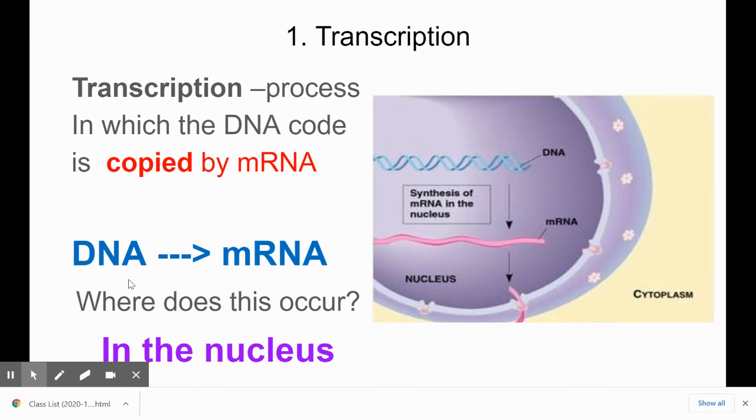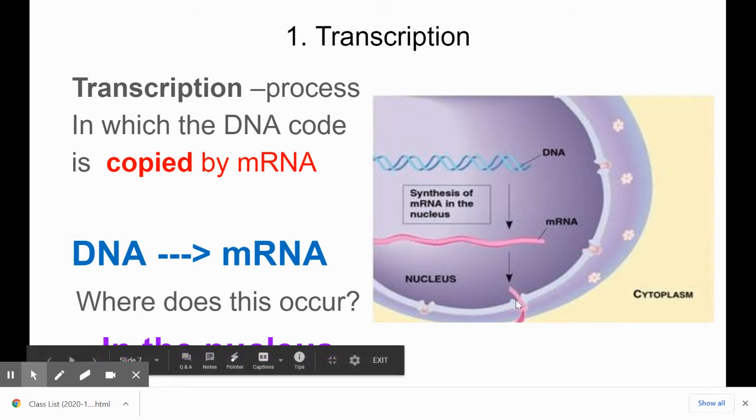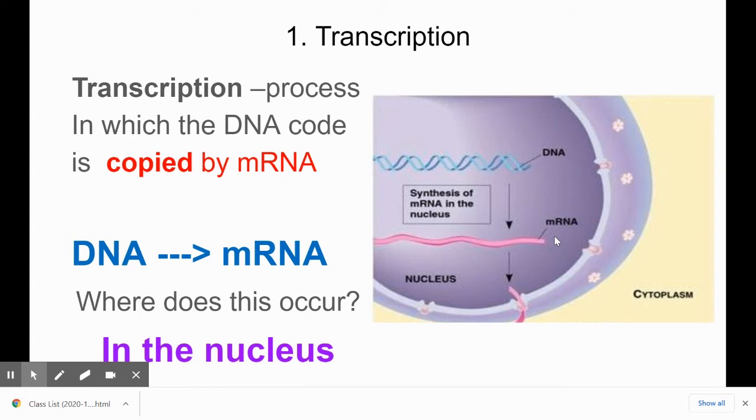In short, DNA is copied into mRNA. This process we refer to as transcription, and it happens inside the nucleus of the cell. Notice that once mRNA has copied DNA, it looks like it's leaving the nucleus. That's its next step: the mRNA is going to take that information out of the nucleus.